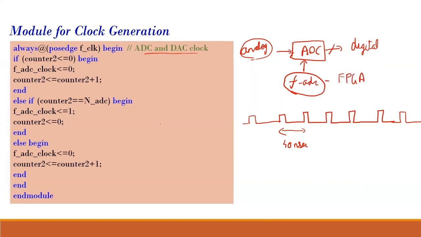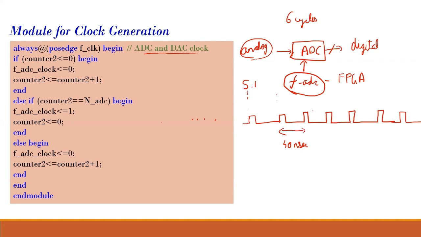The analog will be sampled at this frequency. Yes, it will be sampled at the frequency, but there's a delay of 6 cycles. So suppose the value at this instant of this analog signal was 5. Okay, suppose it was 5.1.